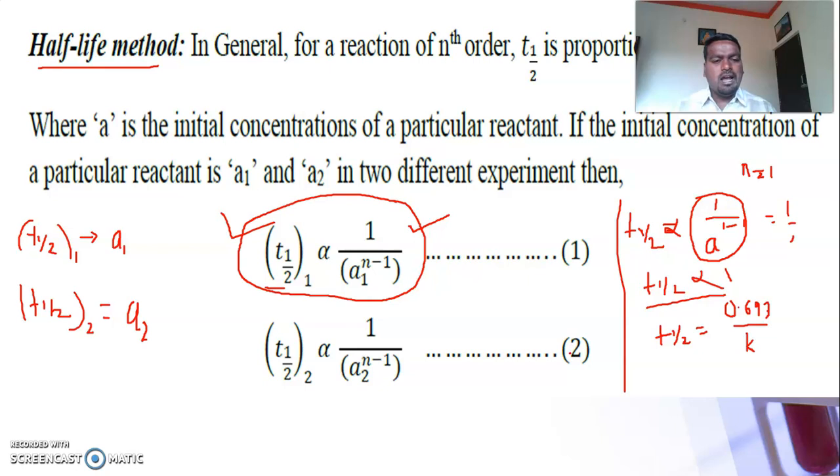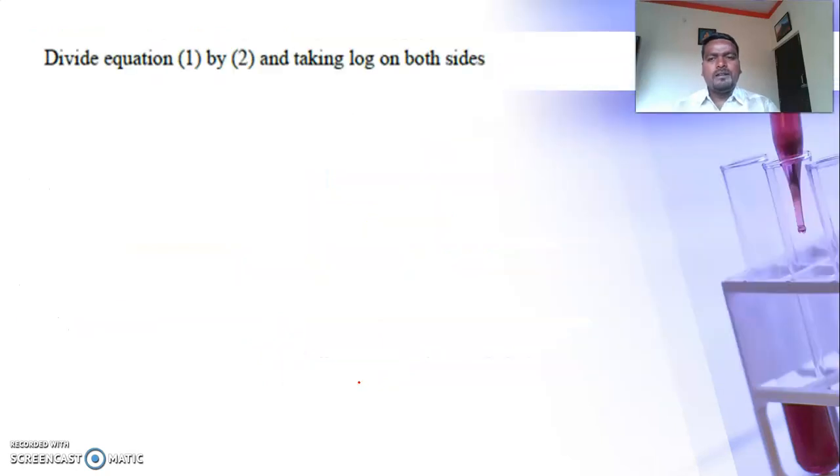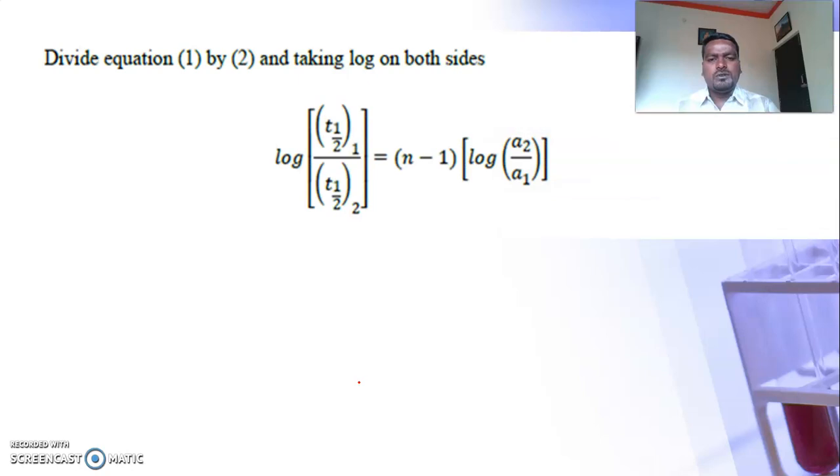Equation 1 is the half-life of a reaction at concentration A1, and equation 2 is the half-life at concentration A2. Now divide equation 1 by 2 and take log on both sides. Dear students, you write step by step; I am not able to write everything here, so I am writing the direct expression.